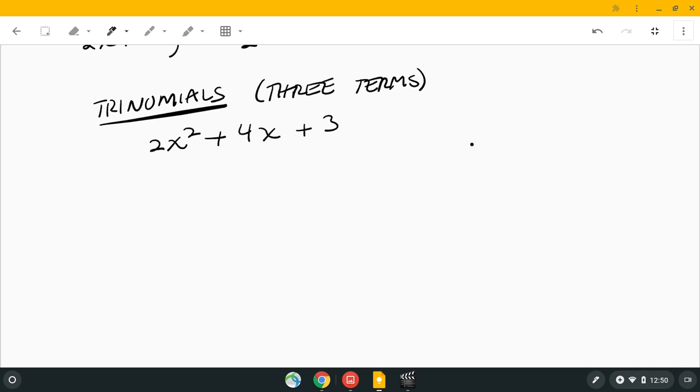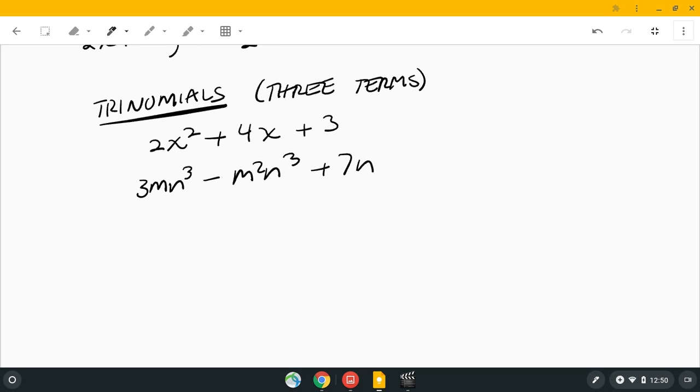That's a trinomial. Or maybe you have something that looks like this. This is also a trinomial, three terms. Here the first term is 3mn cubed. The second term is negative m squared n cubed. And the third term is 7n.